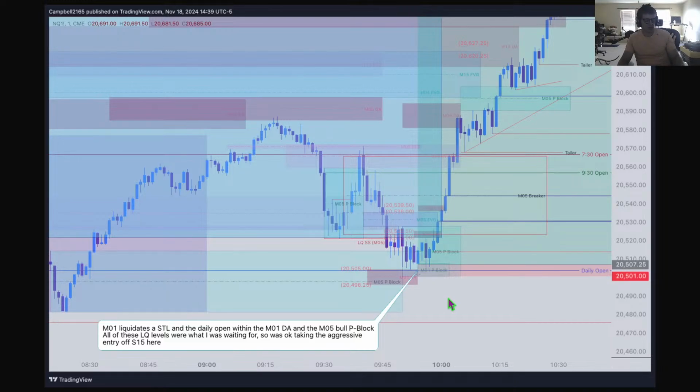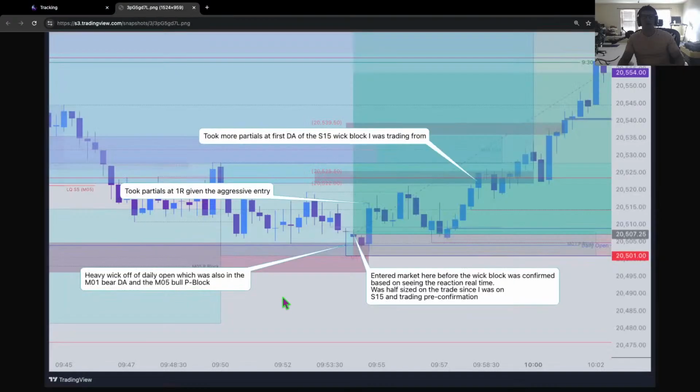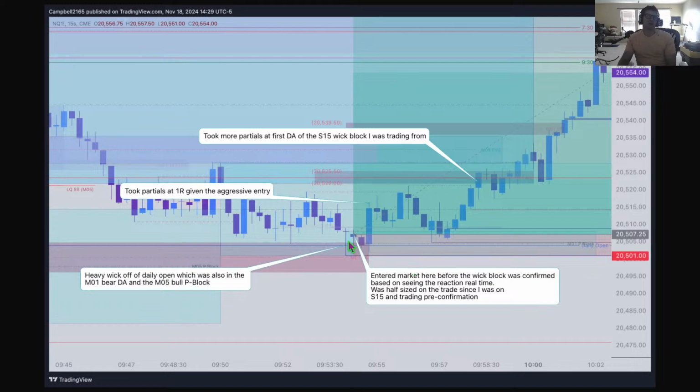Now, I was trading ultra aggressive yesterday and saw the sweep of the daily open within the 5 minute, within the 1 minute distribution area. So there's a lot of confluence here. And the hourly was bullish by my analysis, and I saw this very aggressive reaction off of the daily open here, and so I actually entered within this wick block.